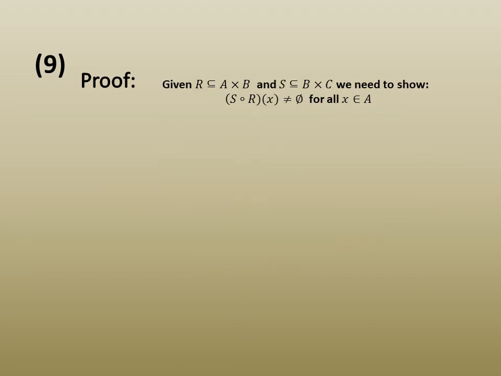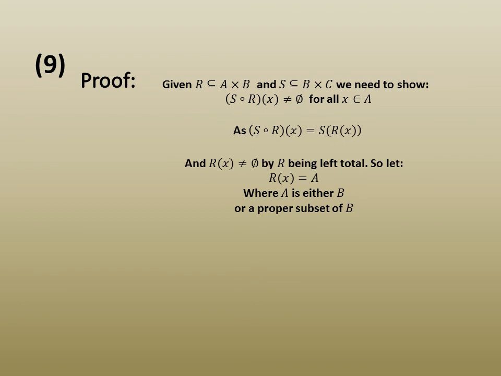Question 9. Given R as a subset of A cross B, and S as a subset of B cross C, we need to show that the image of X under R composed with S is never the empty set for any set X belonging to the domain of R. We use the alternative notation for a composition to prove this.